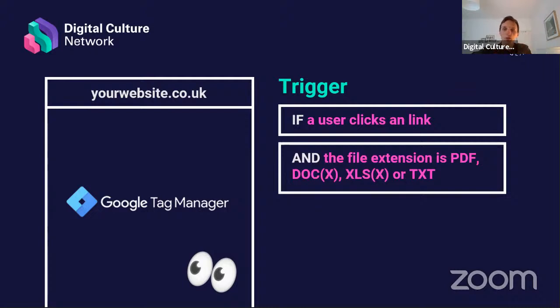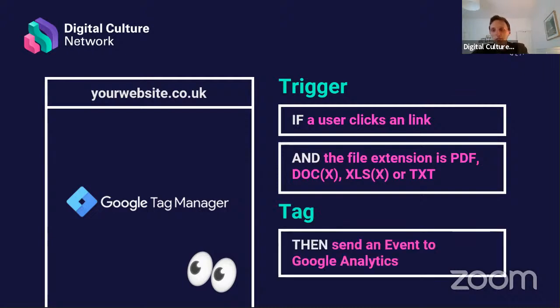You can specify which ones they are. We've put in these ones for now, but you might have other documents that you want to track. You don't want things like JPEG, because it will track people downloading images when they visit your page and stuff like that. So be specific about what you want to track. The tag then fires information to Google Analytics. Brilliant.